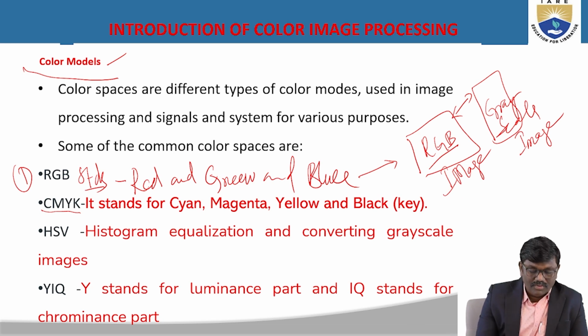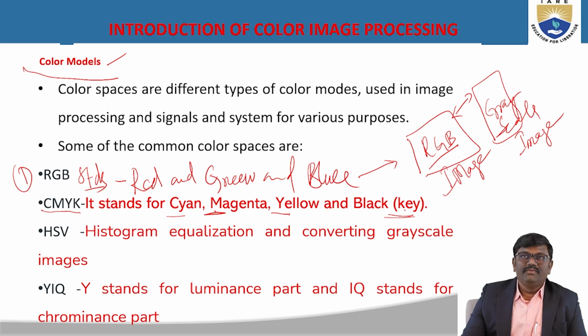Here C means Cyan, M means Magenta, Y means Yellow, and K means key, that is the black key, which is used as one of the color models. Again, this model is used to differentiate between your RGB as well as grayscale image.